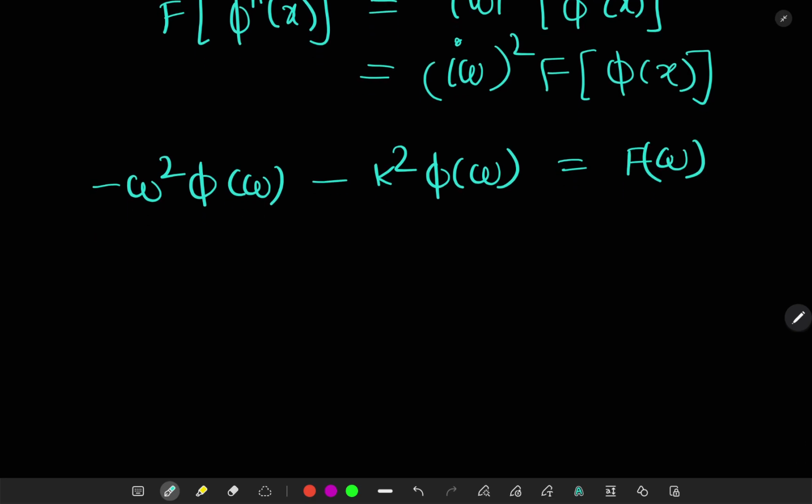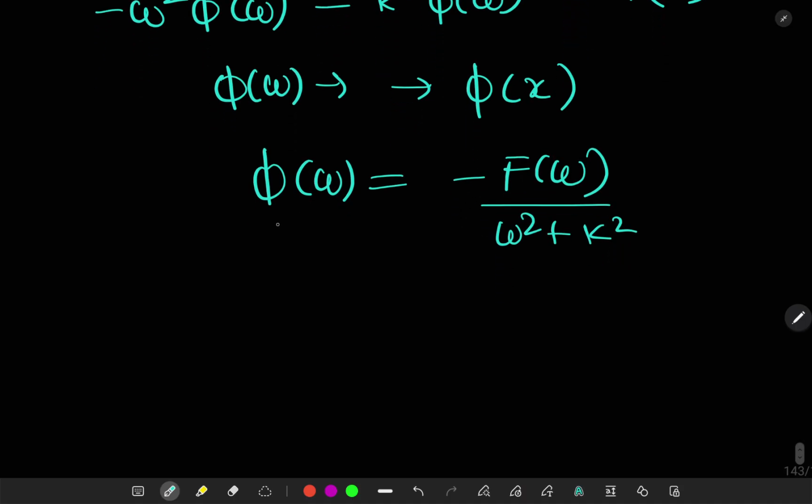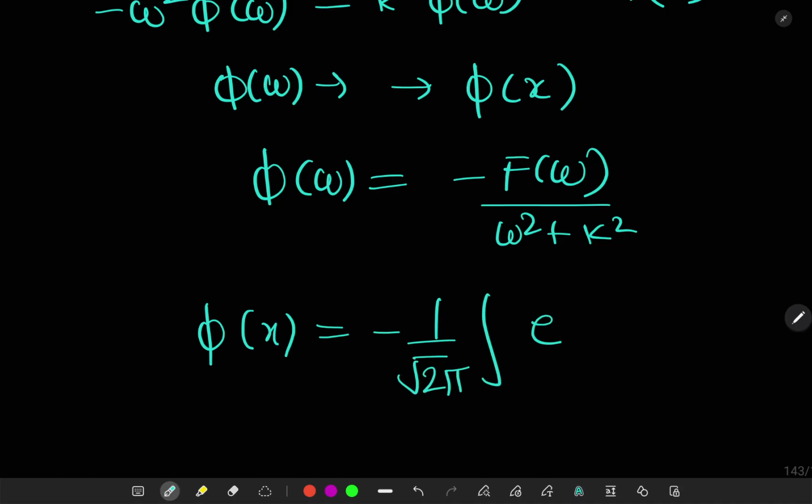Here phi omega is the Fourier transformation of phi x. So we can write, taking phi omega common, phi omega equals minus f omega divided by omega square plus k square, and taking the inverse transformation, phi x is equal to minus, here is a minus term also, so we can use this minus term, and this becomes e raised to power iota omega x.